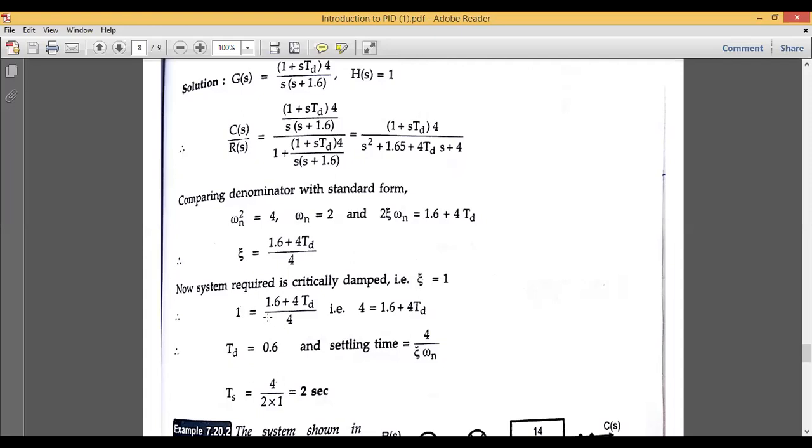So what will you get? 1 is equal to (1.6 + 4 TD) divided by 4. So this 4 will be multiplied here. 4 into 1 is again 4. So 4 is equal to 1.6 plus 4 TD. Now how to calculate the value of TD? It is very simple, just by cross multiplying.